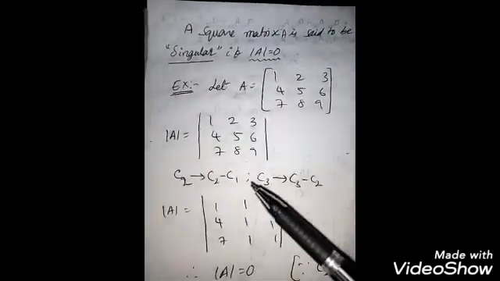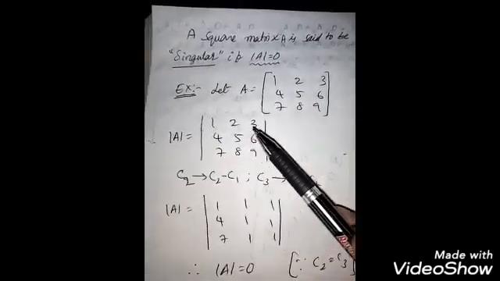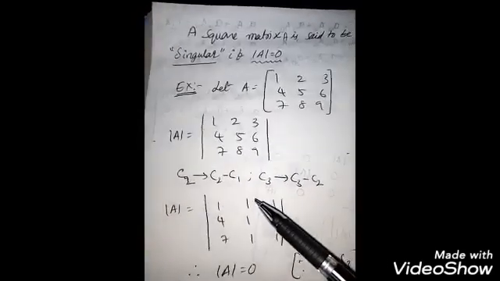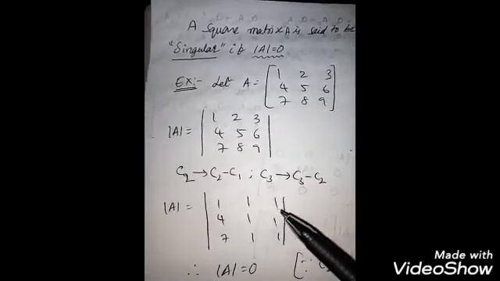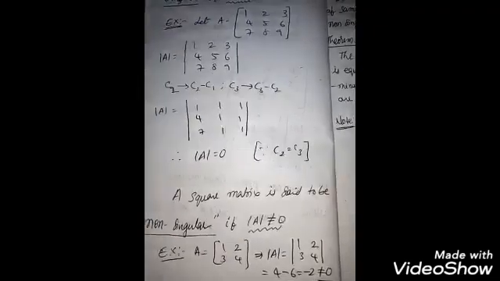Now what you got: 2 minus 1, 1, 5 minus 4, 1, 8 minus 7, 1, and 3 minus 2, 1, 6 minus 5, 1, 9 minus 8, 1. That means column 2 is 1, 1, 1 and column 3 is 1, 1, 1. Therefore two columns are equal, and then you know the determinant is 0. Then det A is equal to 0, that is, A is a singular matrix.